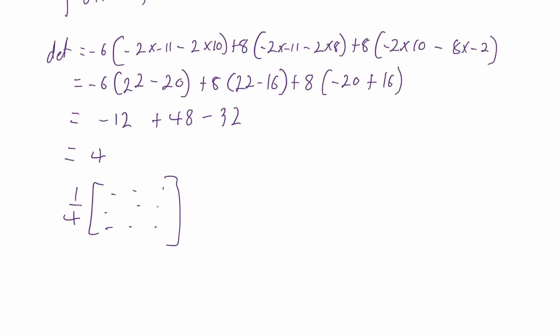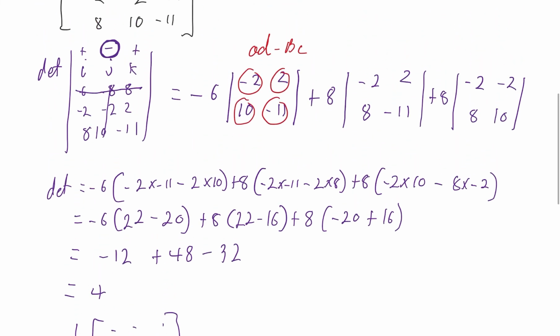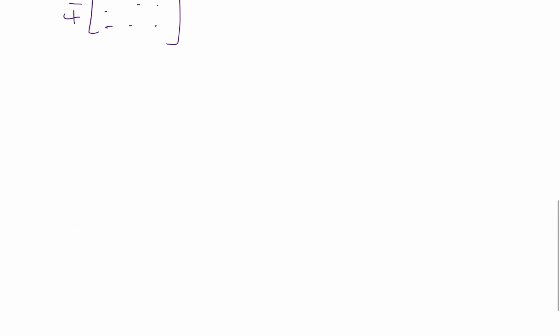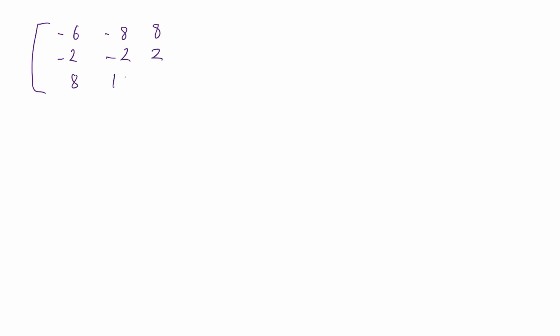Now in order to find this adjugate matrix, we have to first do a similar thing with the determinant. So I'm going to rewrite the original matrix out. I'm going to draw a blank matrix here.